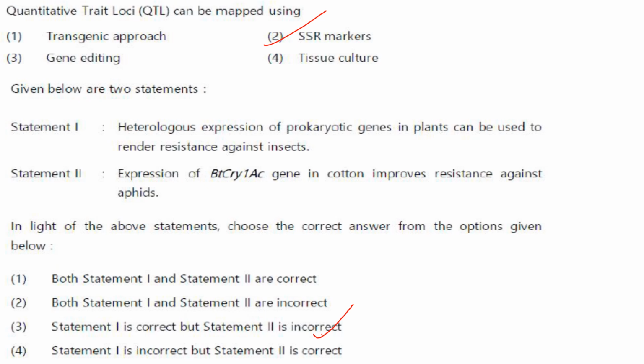It is not aphids, but it is against the lepidopteran pest cotton bollworm. It doesn't provide resistance against aphids. So statement 2 is incorrect, whereas statement 1 is correct. That is option 3.